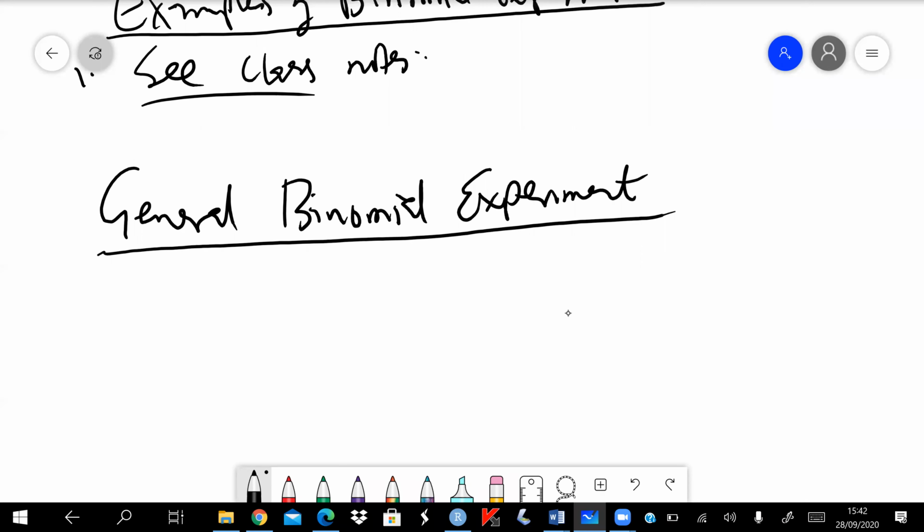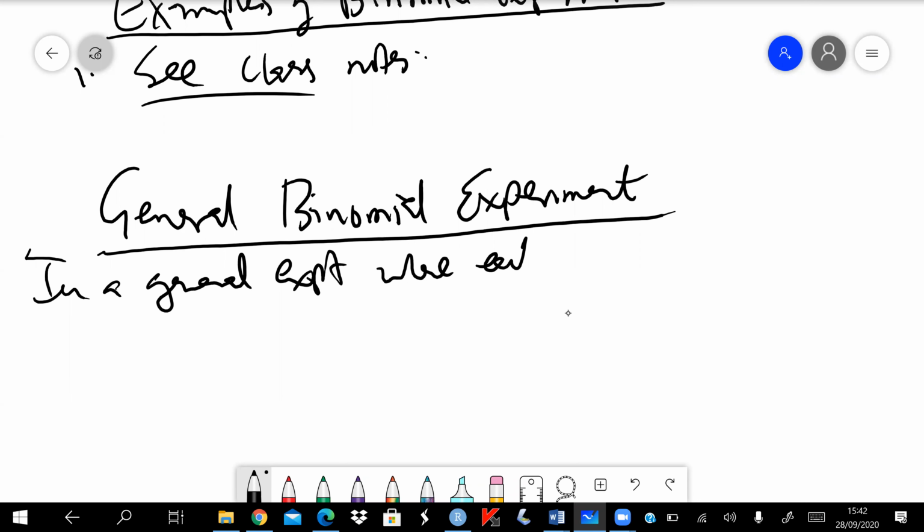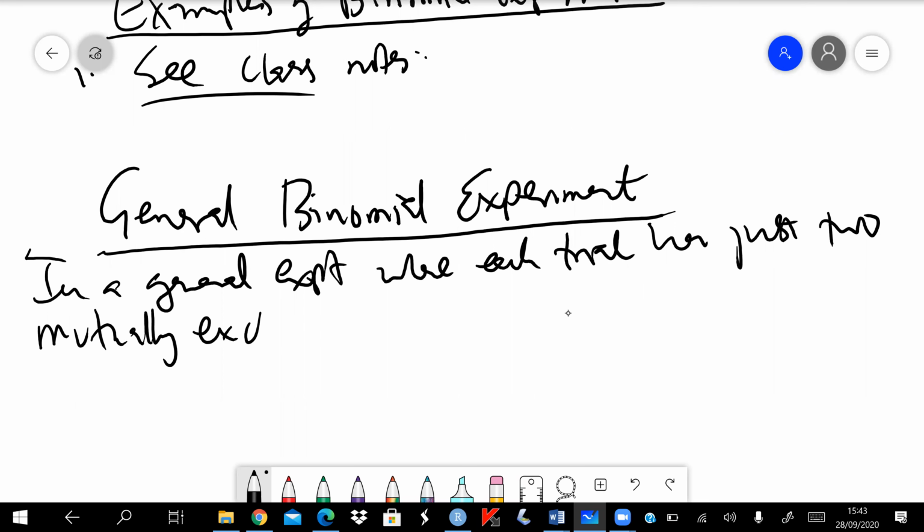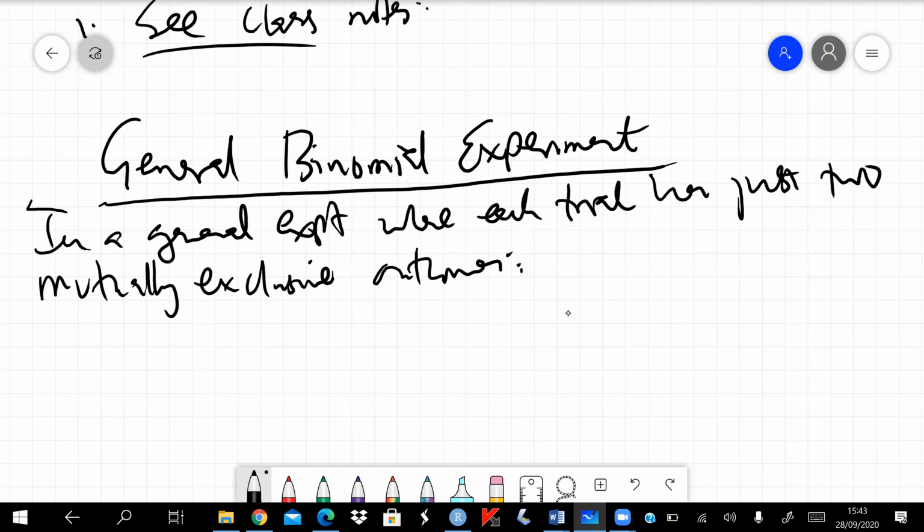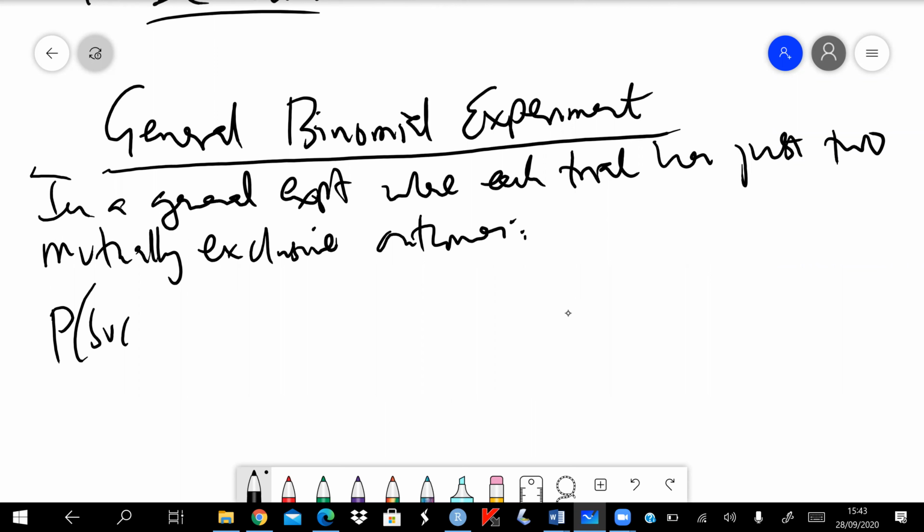So in a general experiment where each trial has just two mutually exclusive outcomes, we can define the probability of success this way.